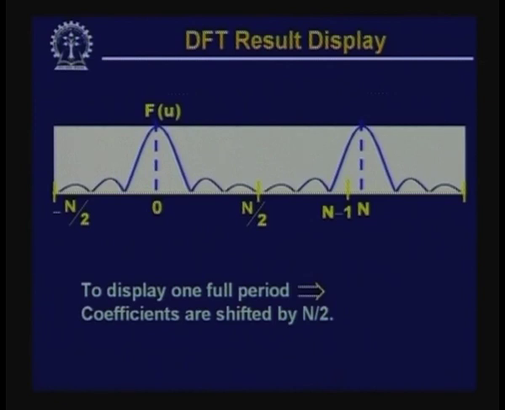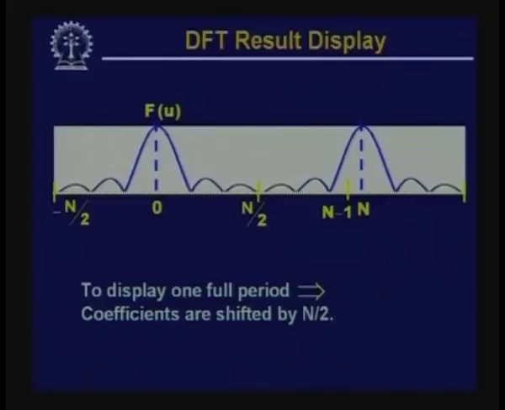But what we have done is, we have computed the Fourier transformation in the range 0 to N minus 1. So, we will get all the Fourier coefficients for the values of u from 0 to N minus 1.